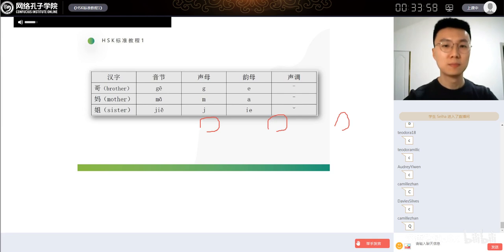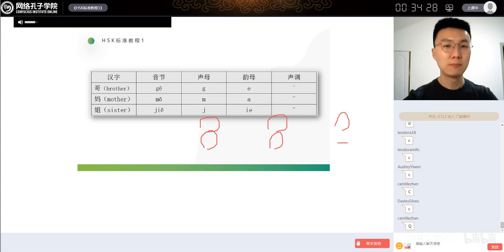Okay, let's try to put them together and read it. 歌, 歌, 歌. It means brother. 哥, 哥哥, brother, older brother. 哥哥. The second one, 声母 initial is 摸, 韵母 啊.